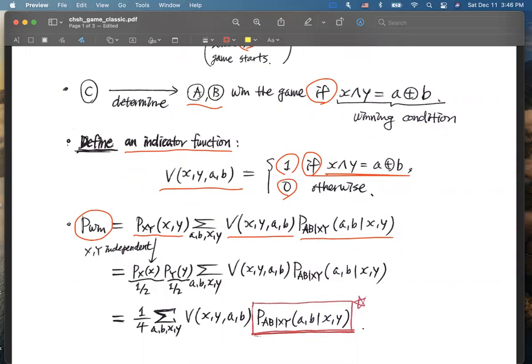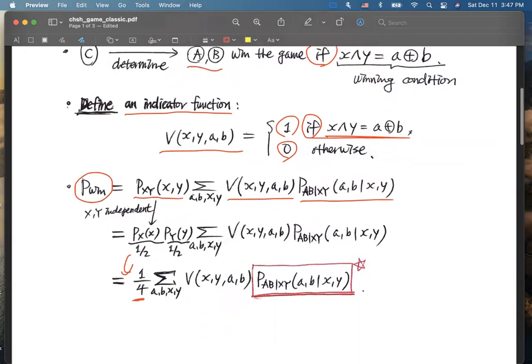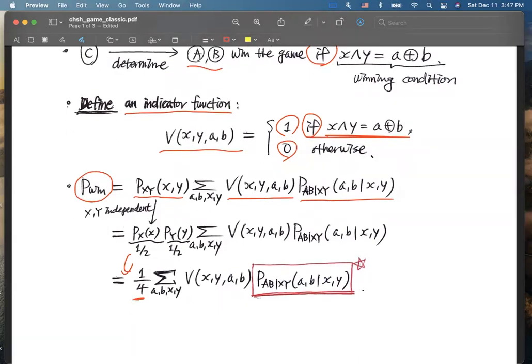Because x and y are randomly generated, they are independent of each other, so this joint probability can be written as probability of x times probability of y. Probability of x is 1/2, and probability of y is 1/2, so it becomes a 1/4 chance.